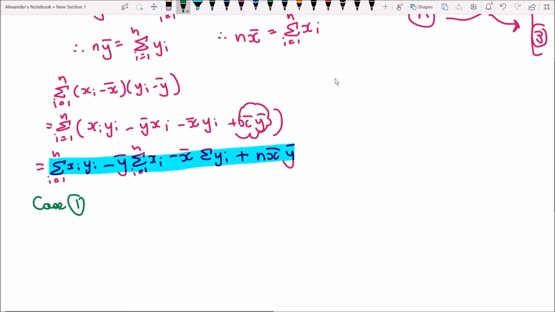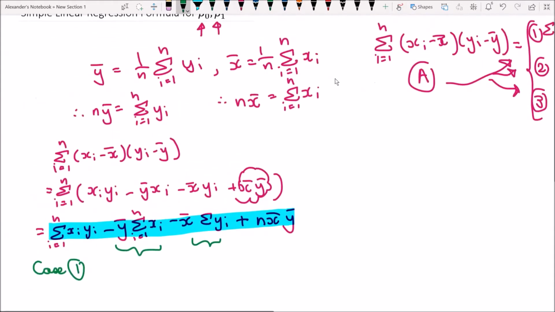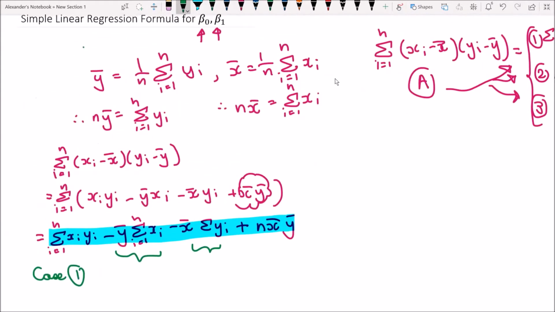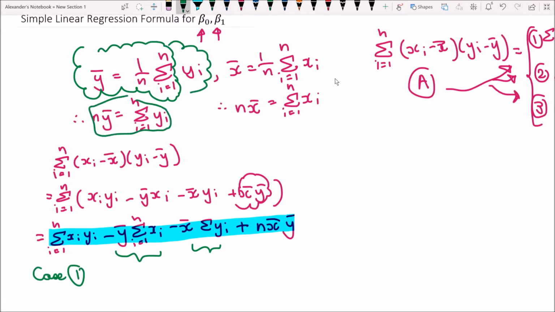Looking at the top, where we first said that y bar is equal to 1 over n times the summation from i equals 1 to n of yi, that means that n y bar is equal to the summation of yi.